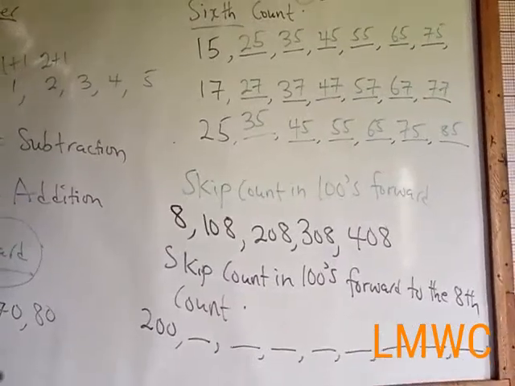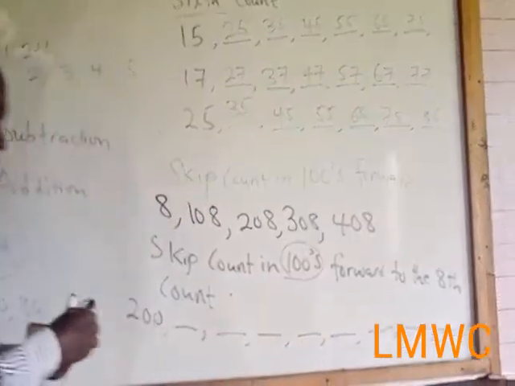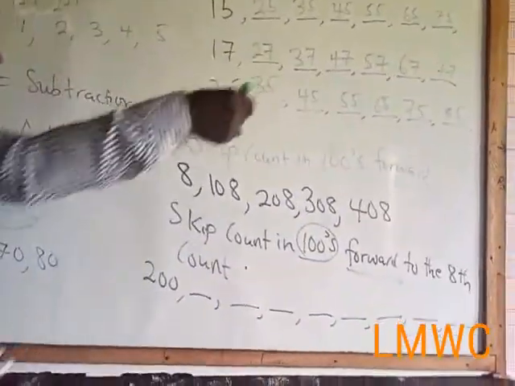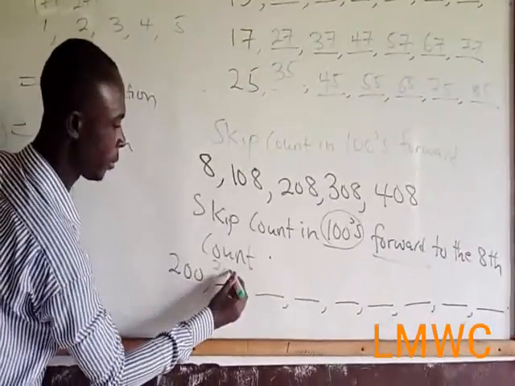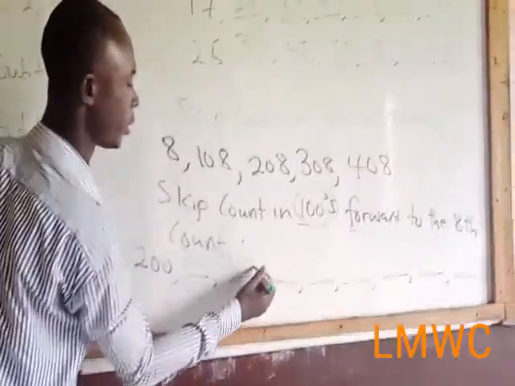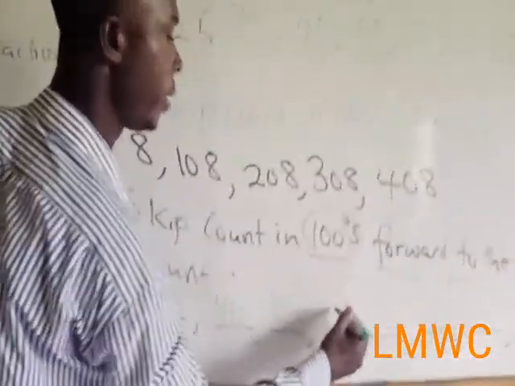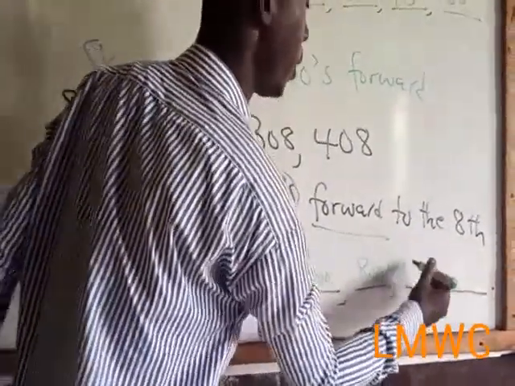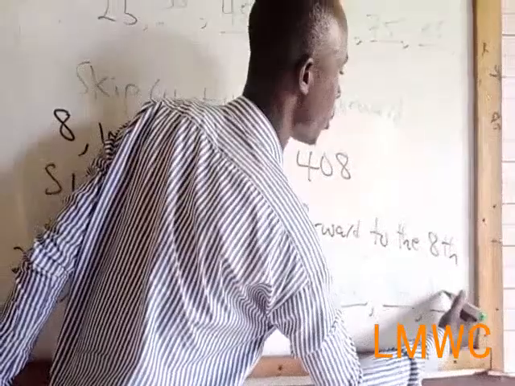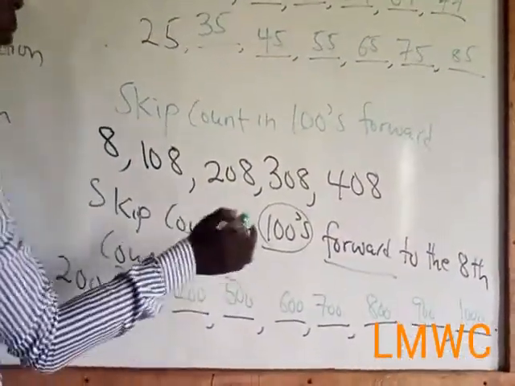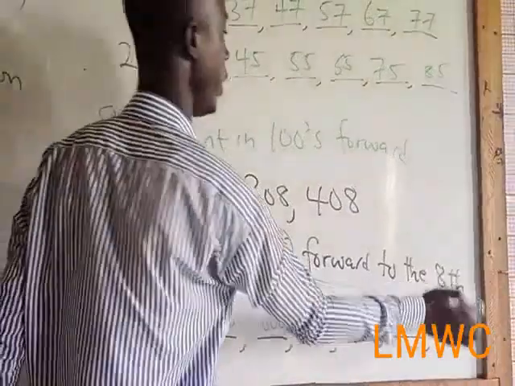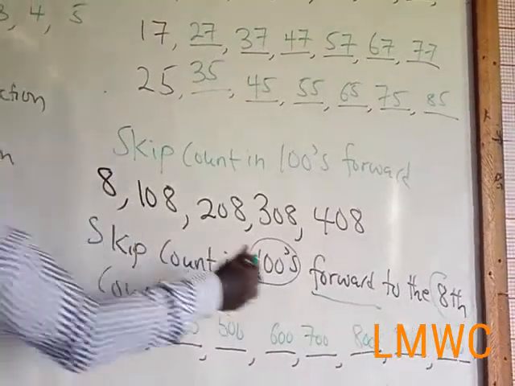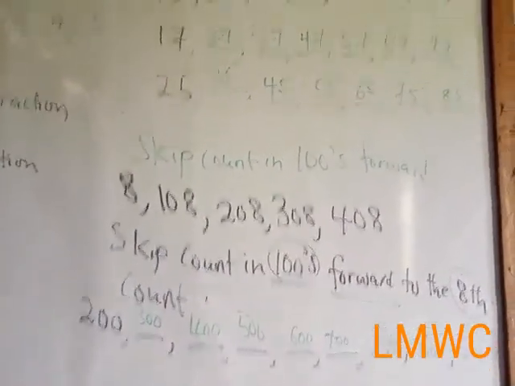So what will be the next number? This means 100 should be added. And they are talking of forward. So this means addition. So 200 plus 100 is 300. 300 plus 100 is 400. Plus 100, 500. Plus 100, 600. Plus 100, 700. Plus 100, 800. Plus 100, 900. And plus 100 is what? 1000. Let's count our numbers: 1, 2, 3, 4, 5, 6, 7, 8. So it's up to the 8th count. We are having an interval of 100. That's why they said skip count in hundreds forward.